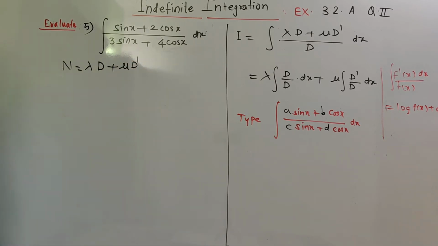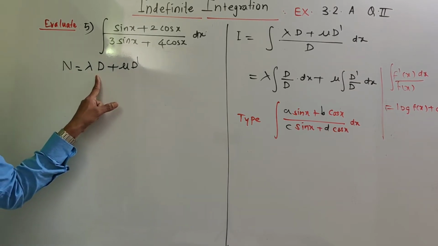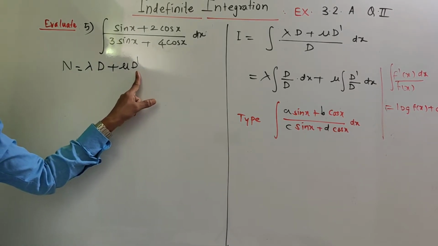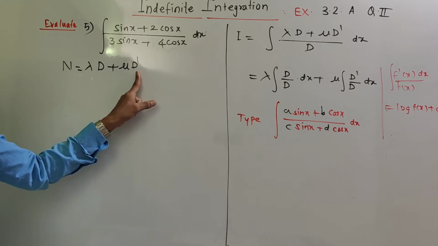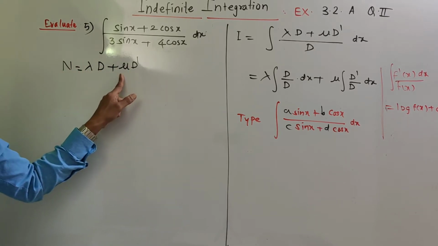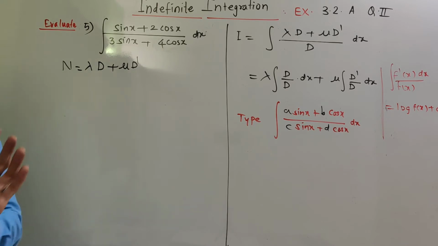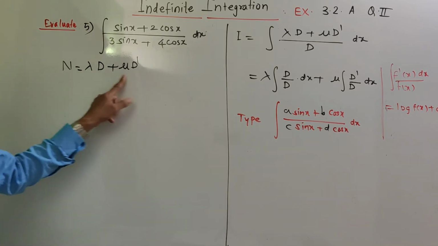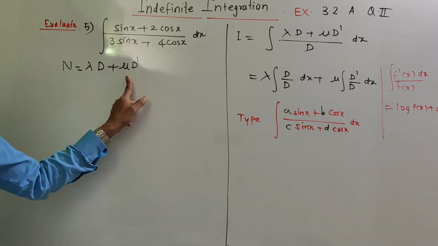So what is D and D dash? N is for numerator, D is for denominator, and D dash is the derivative of the denominator. Here lambda and mu are constants, whose values we can find out by equating the coefficients of like terms.